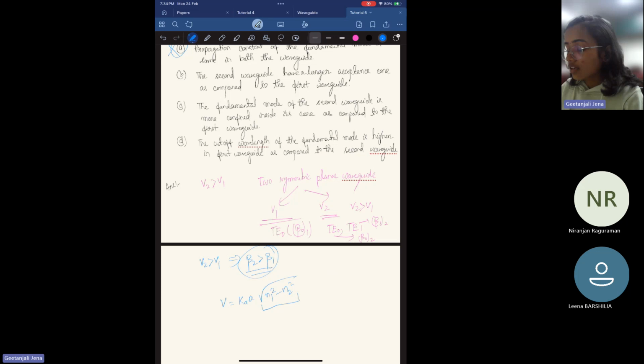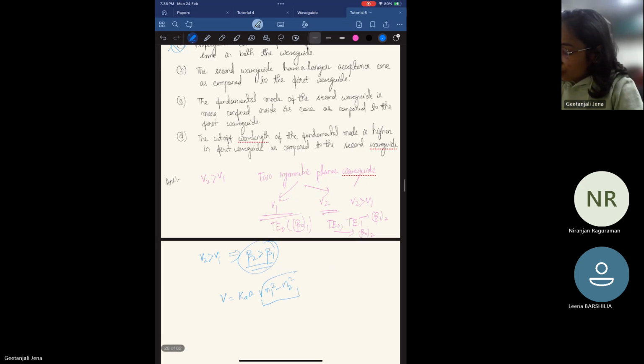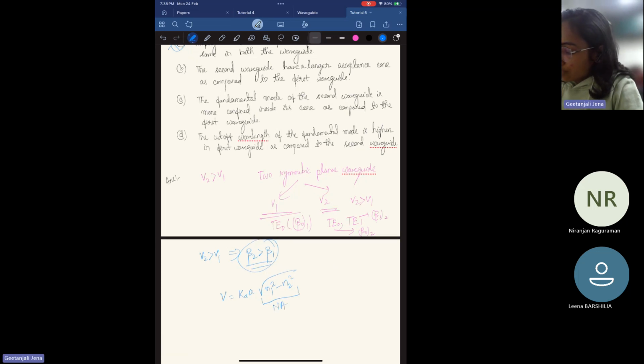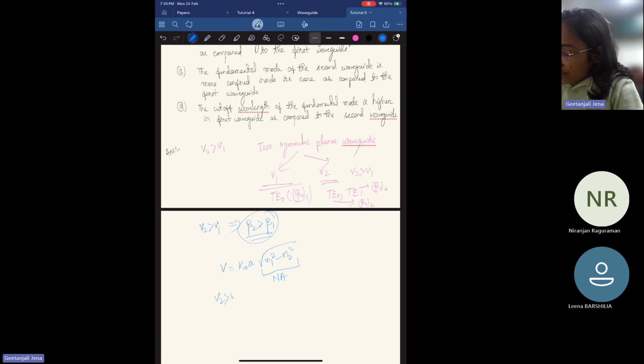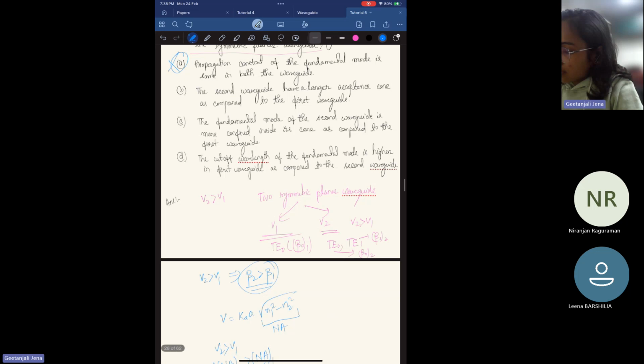This is for a step index waveguide. If it is a parabolic index, then n1 will be replaced by n(x). So this is nothing but the numerical aperture. That means if V2 is greater than V1, the acceptance of the second waveguide should be greater than the first waveguide. So this is correct.